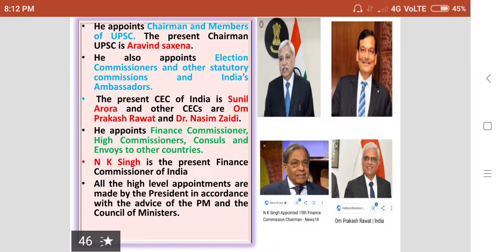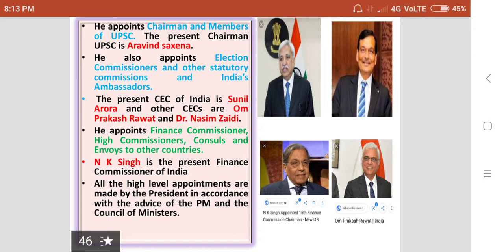And he appoints the chairman and members of the Union Public Service Commission. The present chairman of the UPSC is Arvind Saxena. So we can see the images of these high government officials. He also appoints election commissioners and other statutory commissions and India's ambassadors. The present Chief Election Commissioner of India is Sunil Arora, and other Election Commissioners are Om Prakash Rawat and Dr. Najim Zaidi.